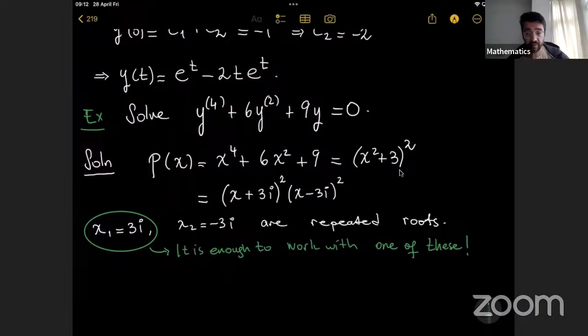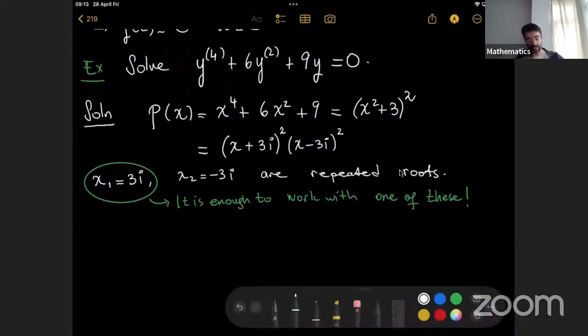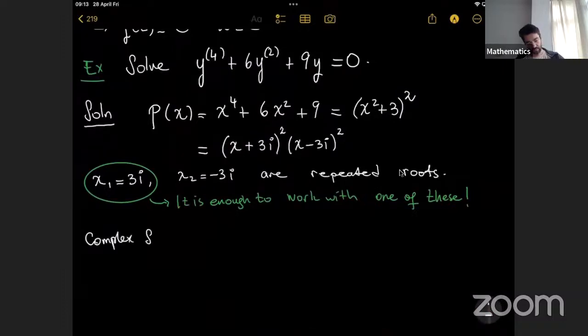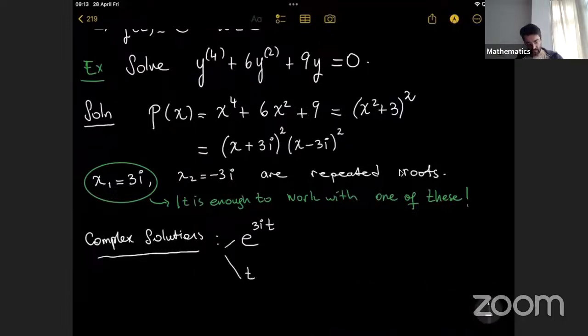Since it is repeated, we will have 2 complex roots. So what are the solutions here? The complex solutions, they are e to the lambda 1t, which is 3i t, and the other one is t times e to the 3i t, right?